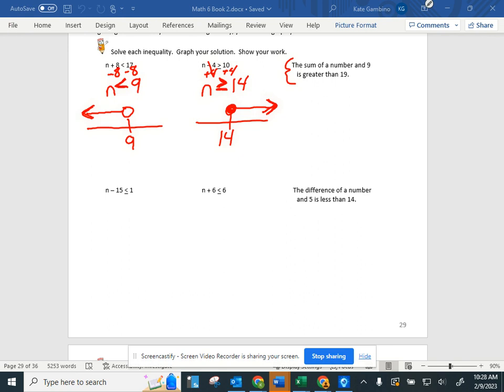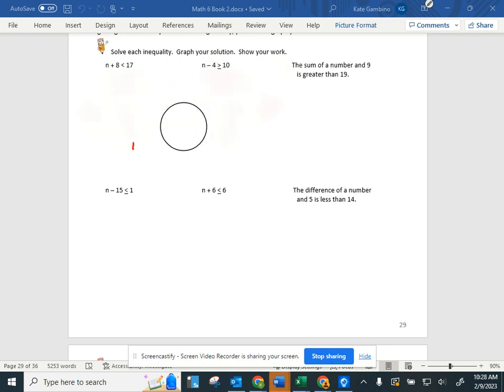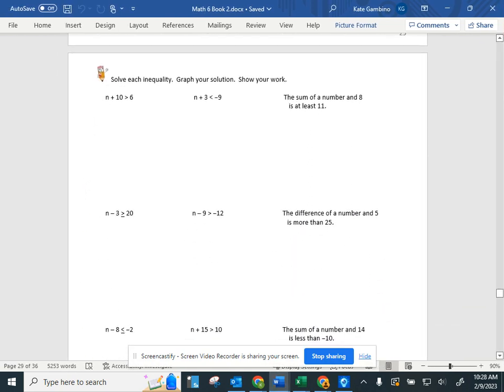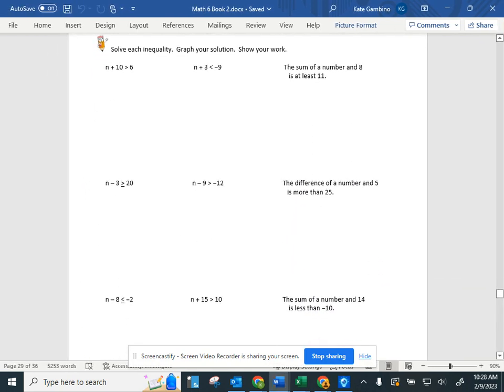Let's look at our second page. Same thing. Graph it. You need to solve for each inequality and then graph it. Show your work. So show me which thing you're using to solve for your variable and then graph it.